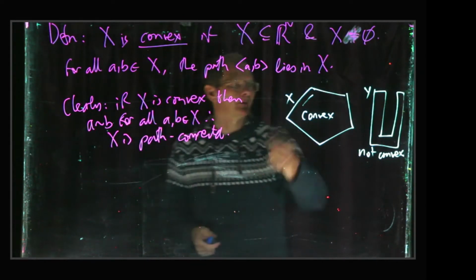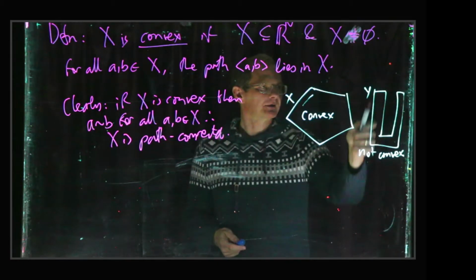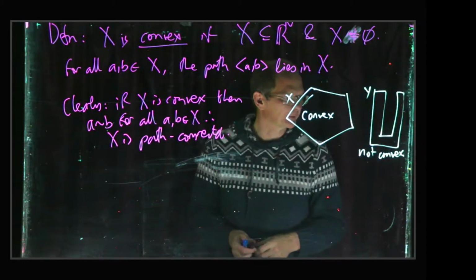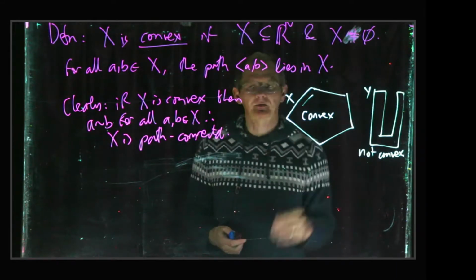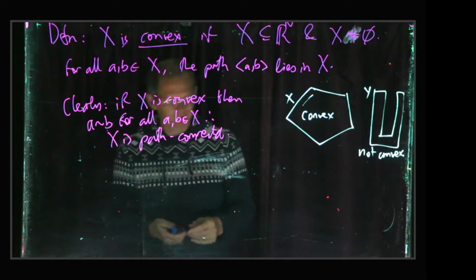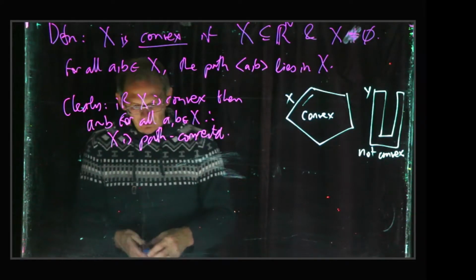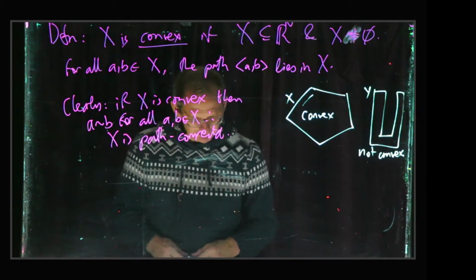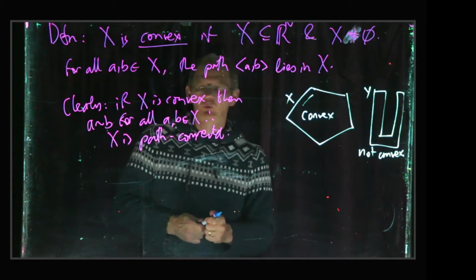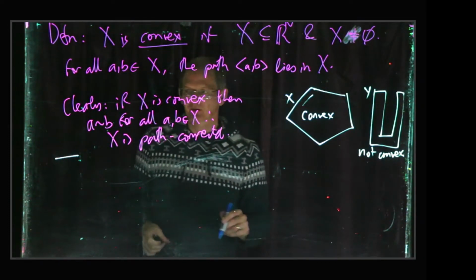Because this space here, this Y, is actually path connected, you can go from any point in Y to any other point in Y, but it is not convex. But this one is convex, and any convex space is going to be path connected. We'll have one more slightly less trivial example of a path connected space: the sphere S^n.